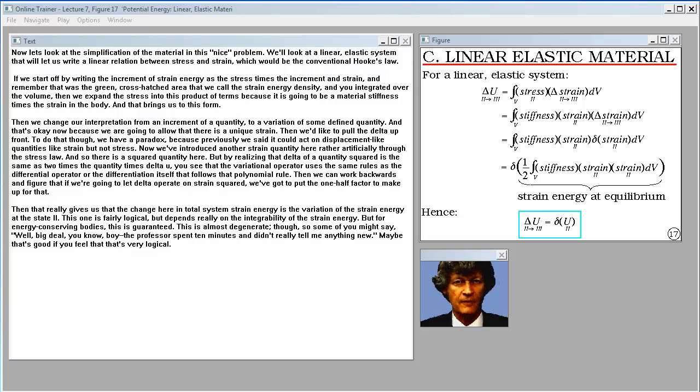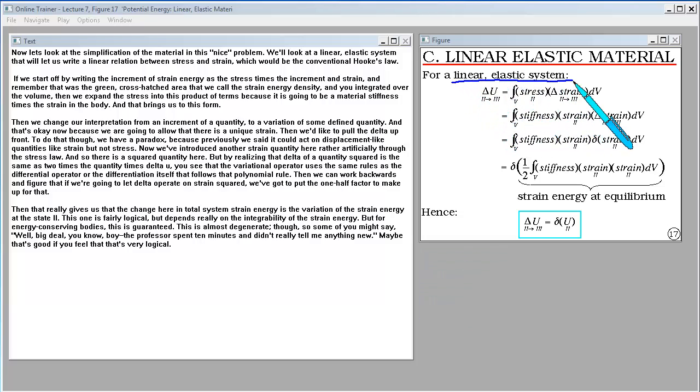Now let's look at the simplification of the material in this nice problem. We'll look at a linear elastic system. That will let us write a linear relation between stress and strain, which would be the conventional Hooke's law.